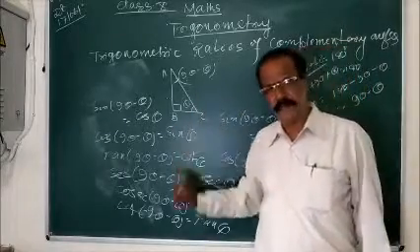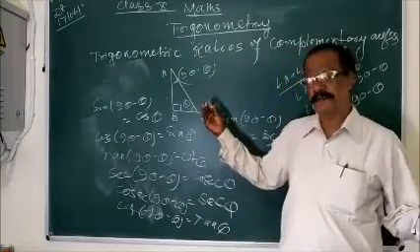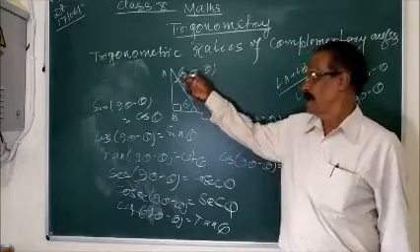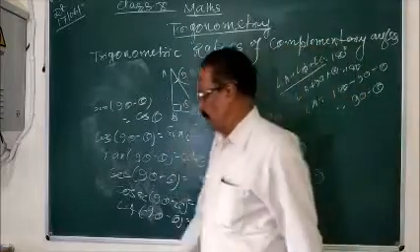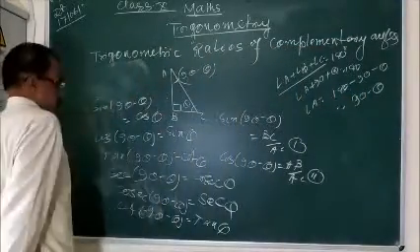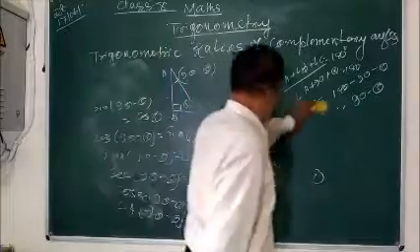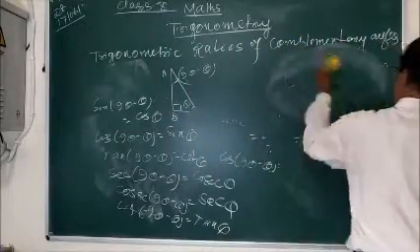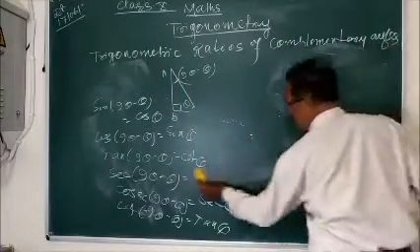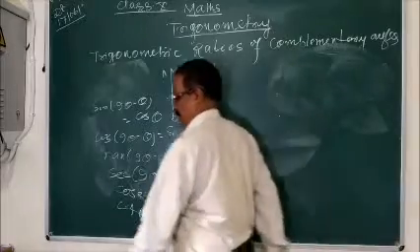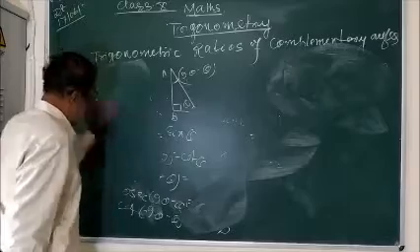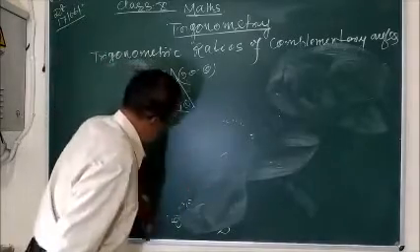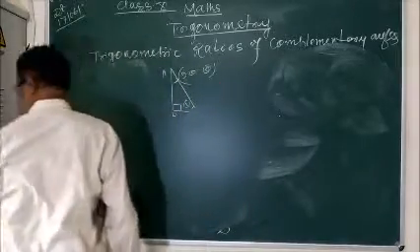Suppose this is theta. This means angle A will be 90 minus theta. Now you see how you can utilize this formula to solve the given problems, and you will try to solve. I solve a few questions.